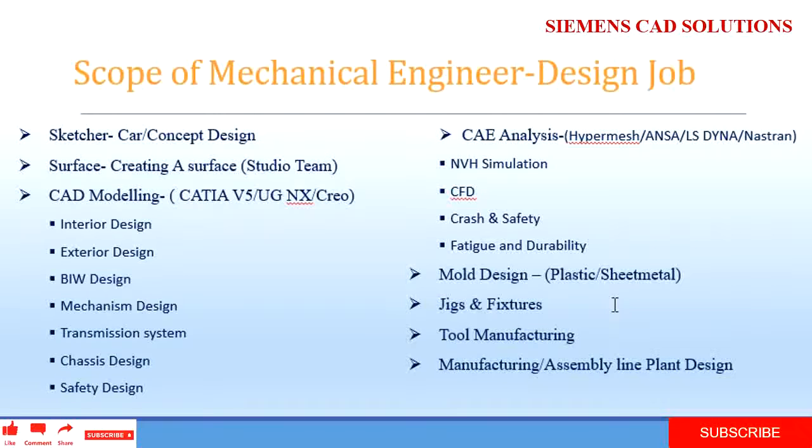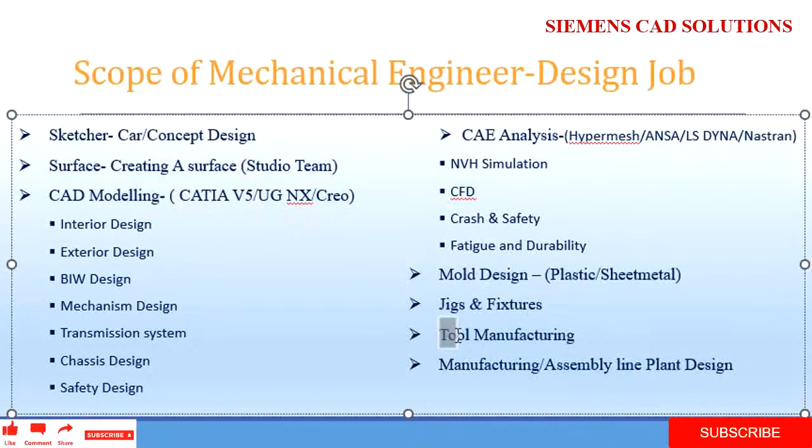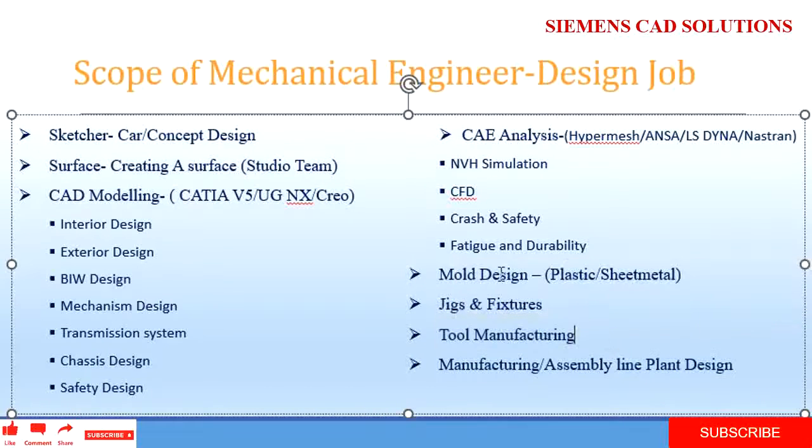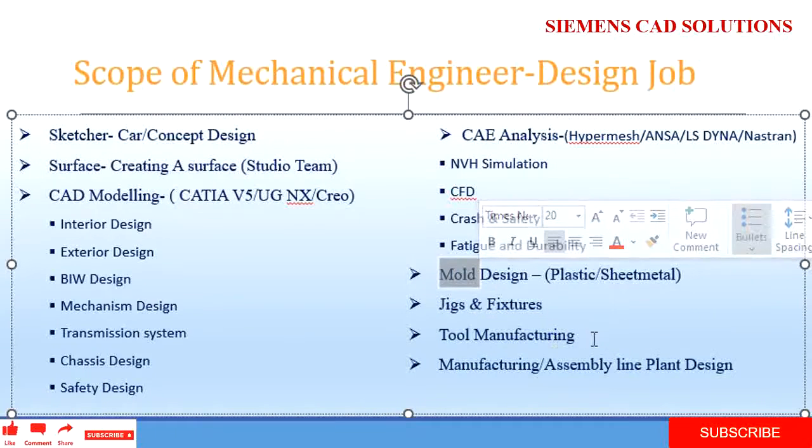Those features are designed with the help of Catia and Creo. And then tool manufacturing. Here the tool design itself, cutting, the mold, will have different types of tools. Those tools are also designed with the help of designers. So here also we have a lot of openings.